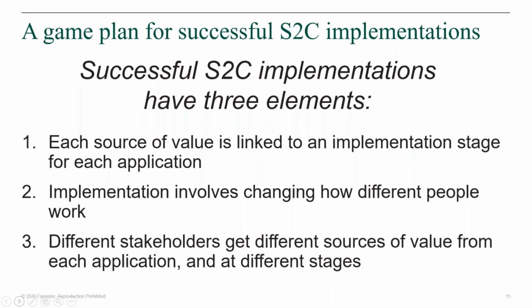And so understanding what value each of these stakeholders gets from each application and at different stages is key to being able to orchestrate all of these stakeholders to walk together, move together, work together in a common process over time to achieve your implementation goals. So let's jump into what's involved here.